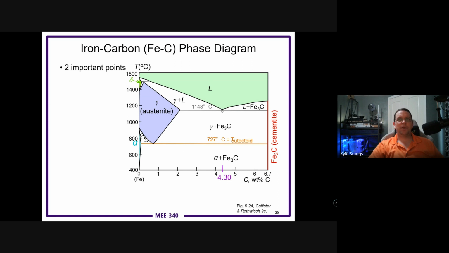So the liquid up here at higher carbon composition, we're out of the steel range, we're now into the cast iron range. So this lower melting temperature makes it much easier to cast iron, which is why we call it cast iron, from the iron phase diagram. We add enough carbon in that we can cast it at a lower temperature. So we don't have to heat things up that extra 400 degrees C, right?